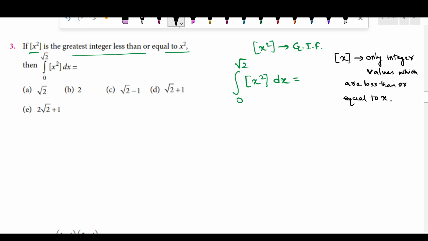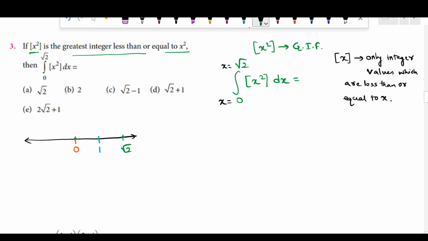So if I see this, x ranges from 0 to root 2. If I draw a number line, say like this, we have 0 over here, 1 over here, and root 2 over here. Right? So the greatest integer takes the values from 0 to root 2.